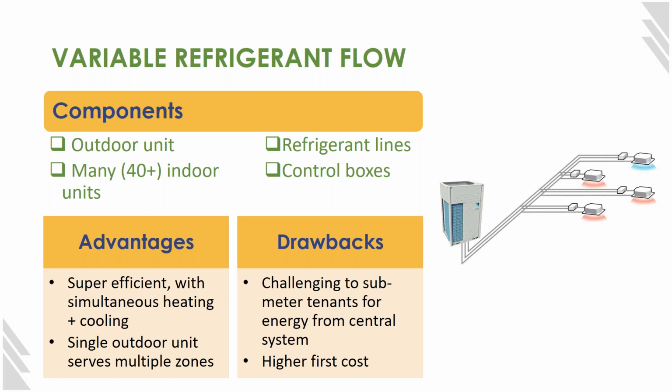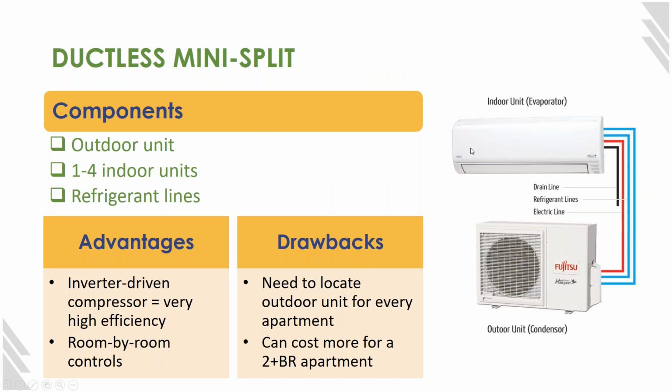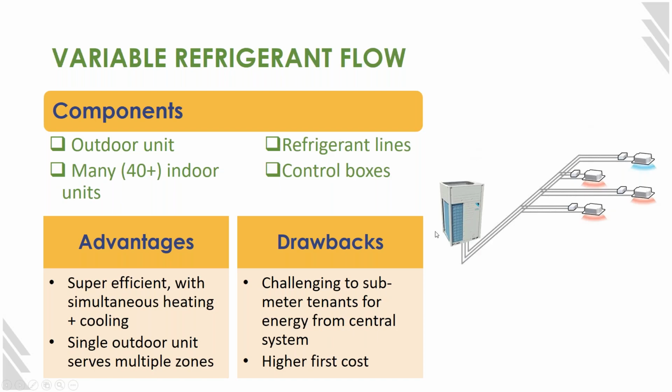The components in a VRF system are very similar to a ductless mini split. They have an outdoor unit, which will be something like this, and then you can have a whole ton of indoor units, sometimes upwards of 40 plus. You have refrigerant lines running between all of these, and then control boxes. So you have these boxes that are controlling things.